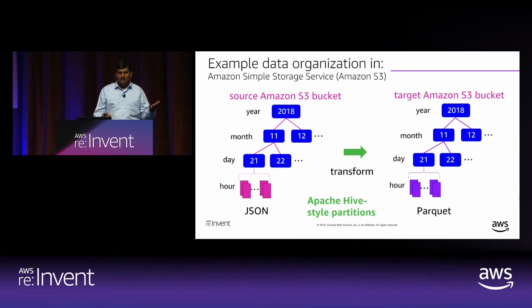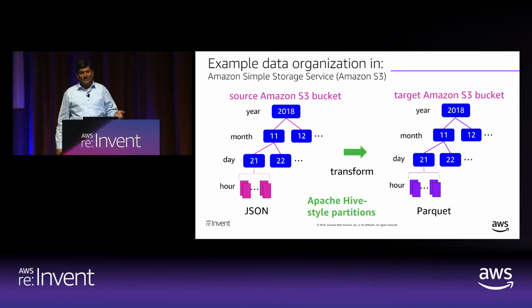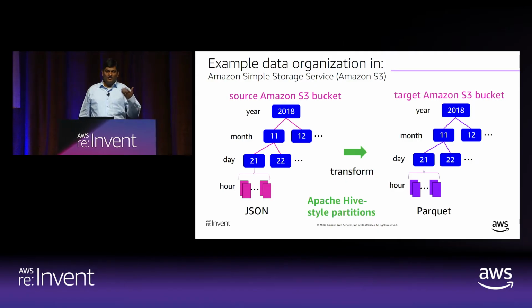These are just log events and so on, and they're organizing it in S3 inside of buckets. And instead of putting all hundreds of thousands or millions of files into one bucket, what they're doing is organizing it into directories, hierarchies. We call them Hive-style partitions, but really they're just file system hierarchies. And the reason they do this is so that they can get to some subsets of the data very quickly. So it's easier to discover the data sets that they care about.